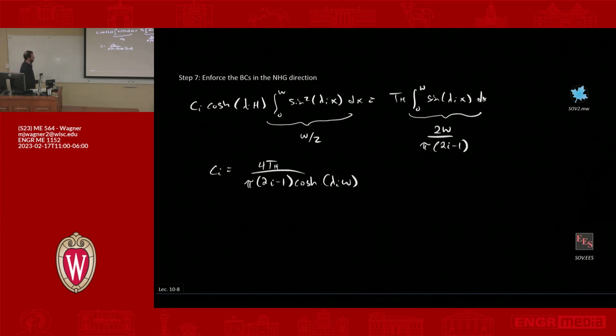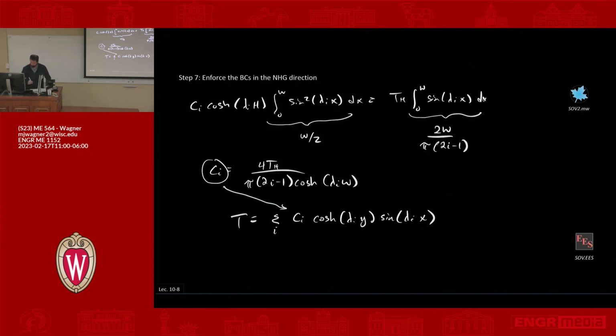We know what i, we'll just assume any i, so now we can compute our constant. And we're basically done. So now we just say our full temperature is equal to the summation over all i of c_i cosh lambda_i y times sine lambda_i x, where this c_i just plugs in to that value. And that's it, right?